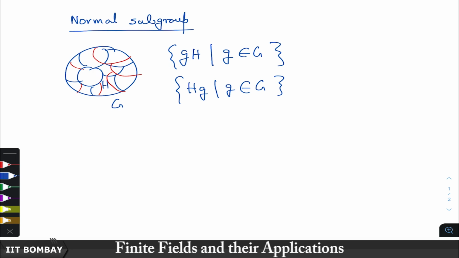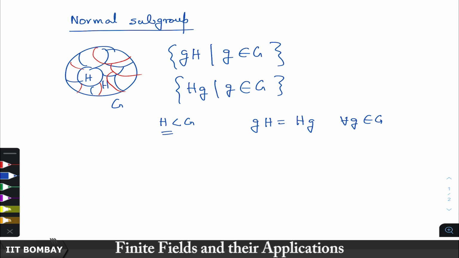Normal subgroups. This H is called a normal subgroup if the left cosets and the right cosets are the same. In other words, if H is a subgroup such that gH is the same as Hg for all g in G, then this subgroup is called a normal subgroup, in which case the left cosets and the right cosets will be the same.